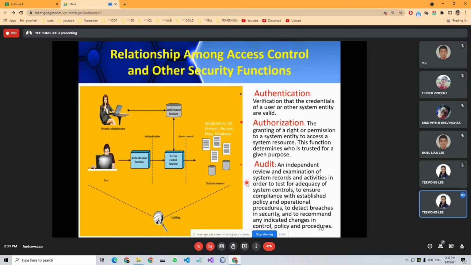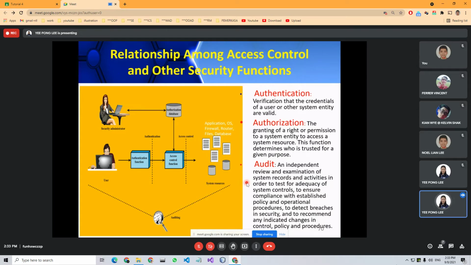Audit here is used to detect security breaches and recommend any indicated changes in control policy as well as the procedures to the organizations.